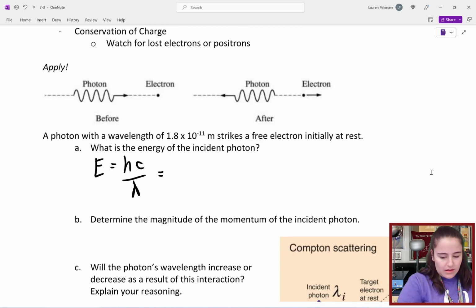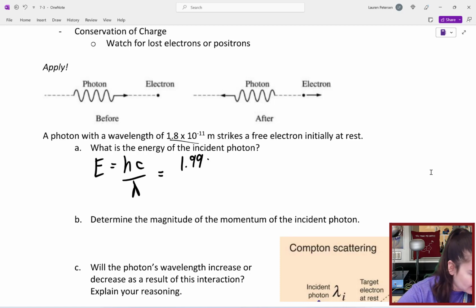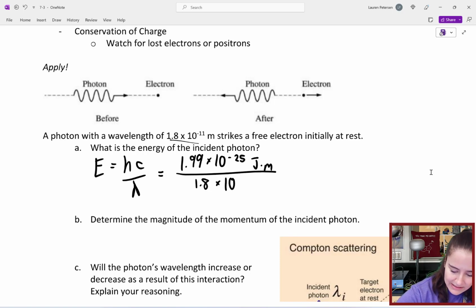So let's go ahead and find it in joules. Yep, we have the wavelength in meters, so we need our Planck's constant hc in meters, which is 1.99 times 10 to the negative 25th joule meters divided by 1.8 times 10 to the negative 11 meters.